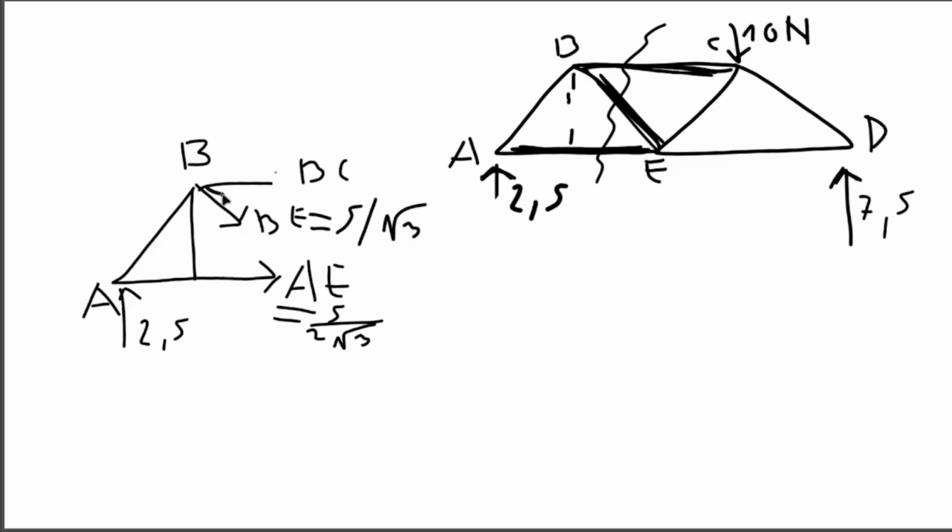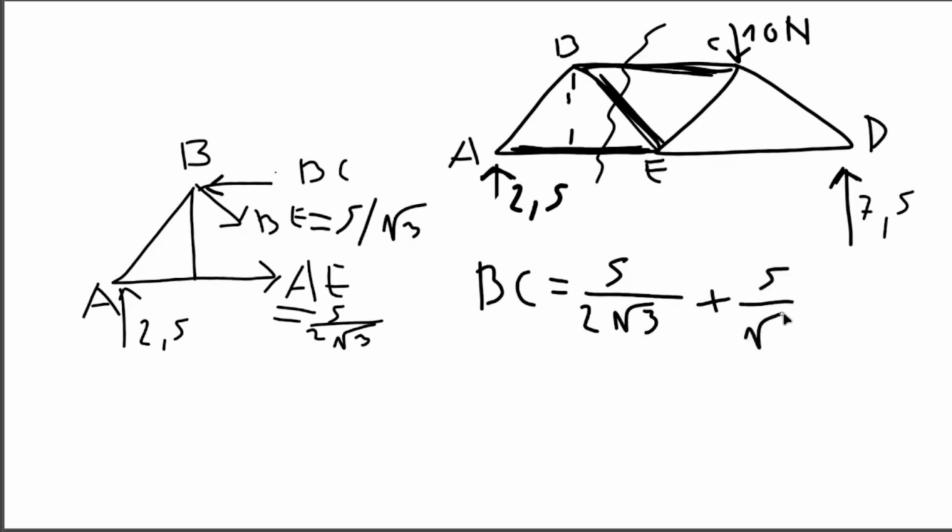So it goes like this here. And BC will have to be equal to the X components in magnitude of B and A. A is fully X, so AE is 5 over 2 square roots of 3. And then plus the X component of B. What is that going to be? It's going to be 5 over square root of 3 times the X component, which is basically sine of that 30 degrees, and that is 1/2.